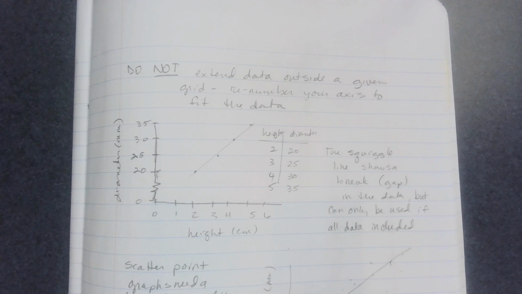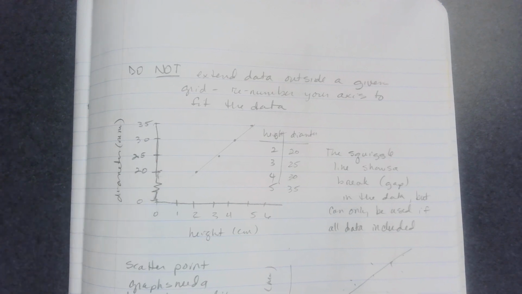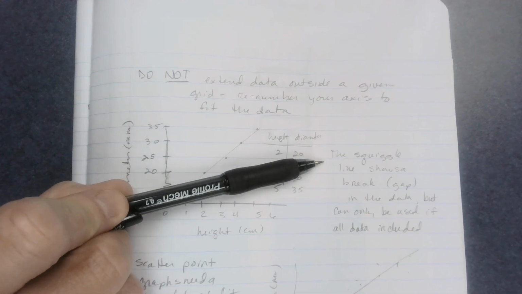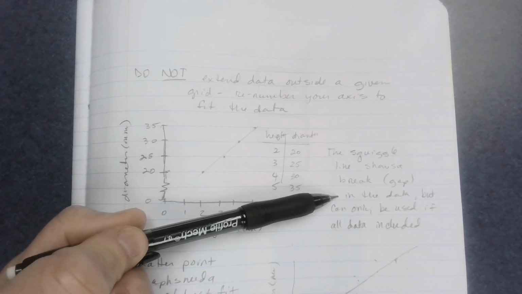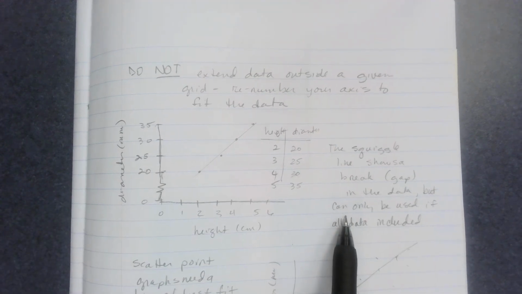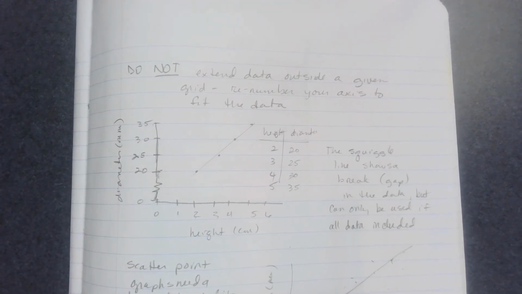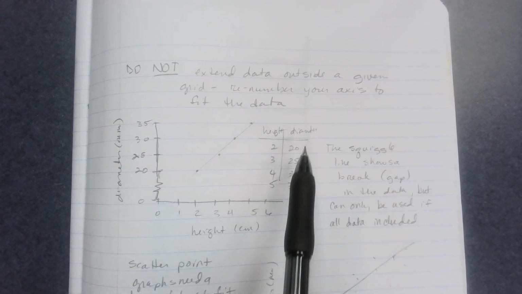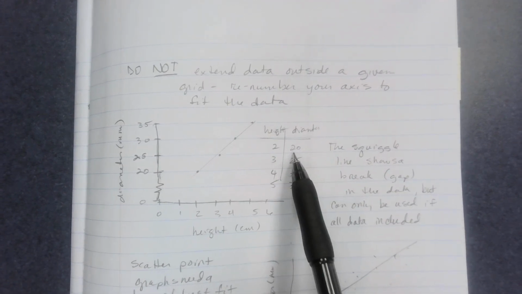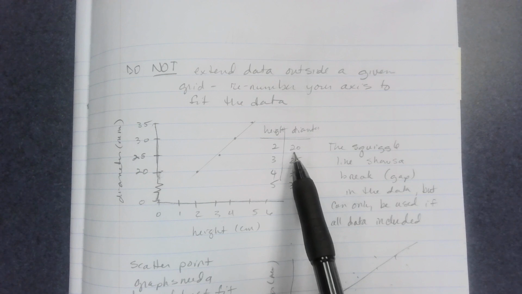All right, so a lot of people like to use this little squiggle to show the break in data. So this little squiggle line shows a break or a gap in the data, but you can only use it if all of your data is still included. So if this is my data, here's my height data, and here's my diameter data. Well, my diameter doesn't start until 20 millimeters.